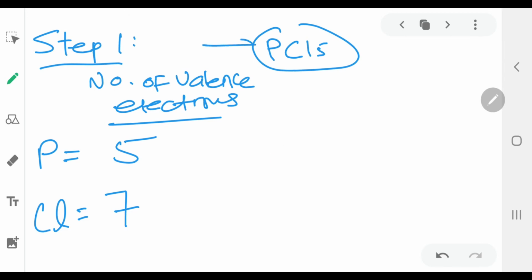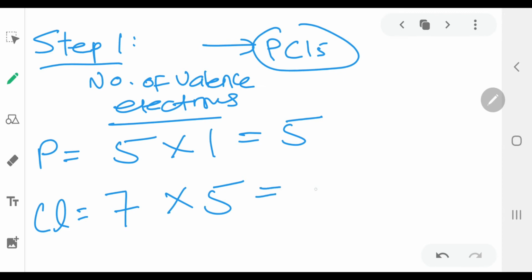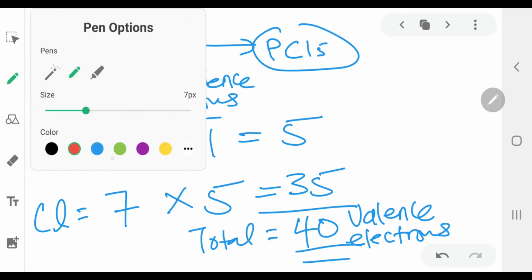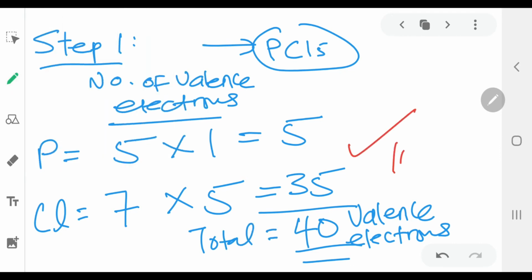In PCl5, you have 1 phosphorus atom, so 5, and then 5 chlorine atoms, so 7 times 5, that would be 35. So you're going to have 40 valence electrons in total. So that will give you 1 mark.